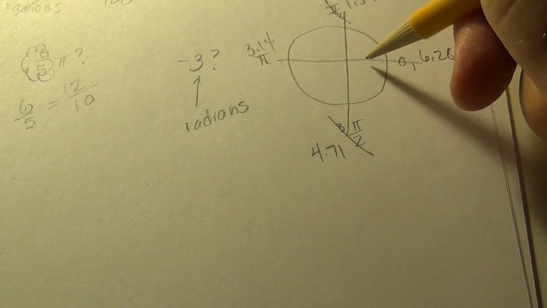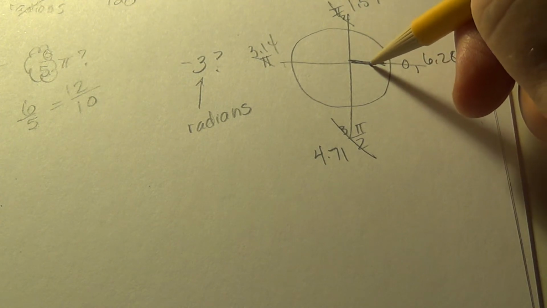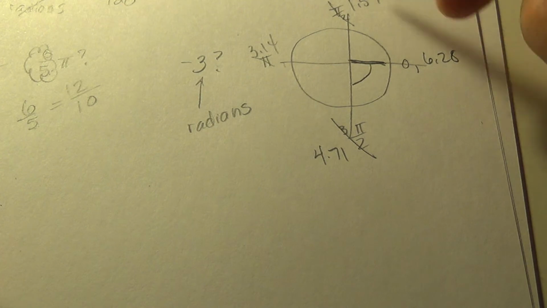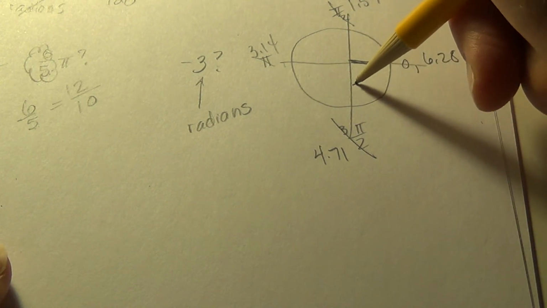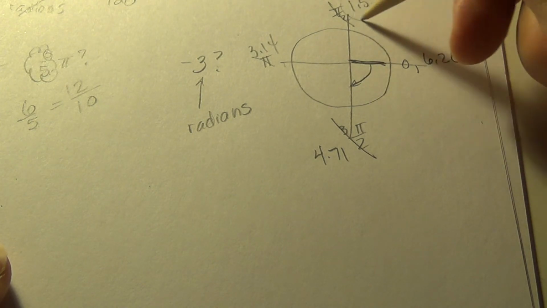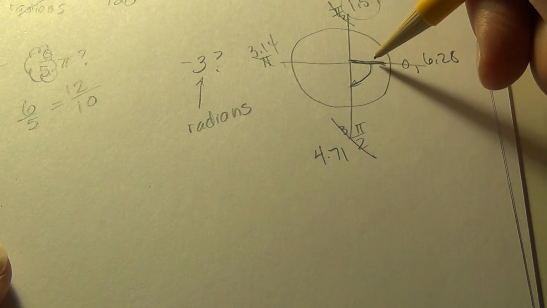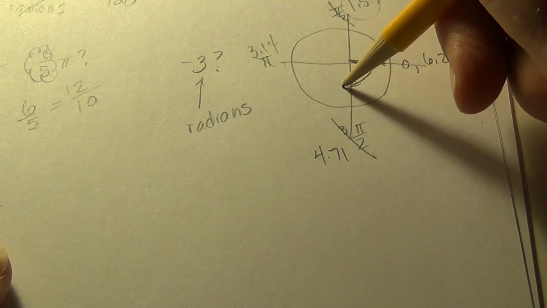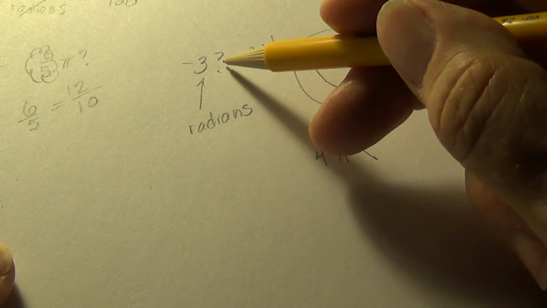And negative means we're starting at the same starting point, but we're going the opposite way. So I'm going to have to recognize going in the opposite way, I've gone 1.57. I'm grabbing the number from up here, even though I'm going down here. When I go in this direction, I've gone 1.57, then I've gone 3.14, but I want negative 3.